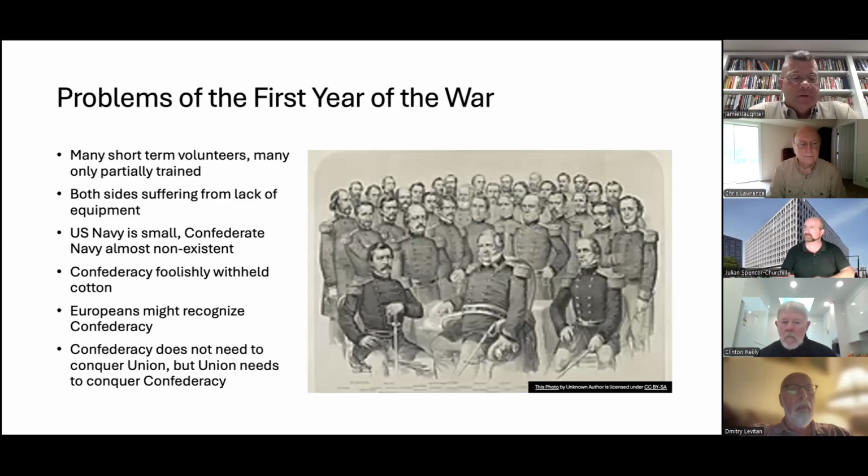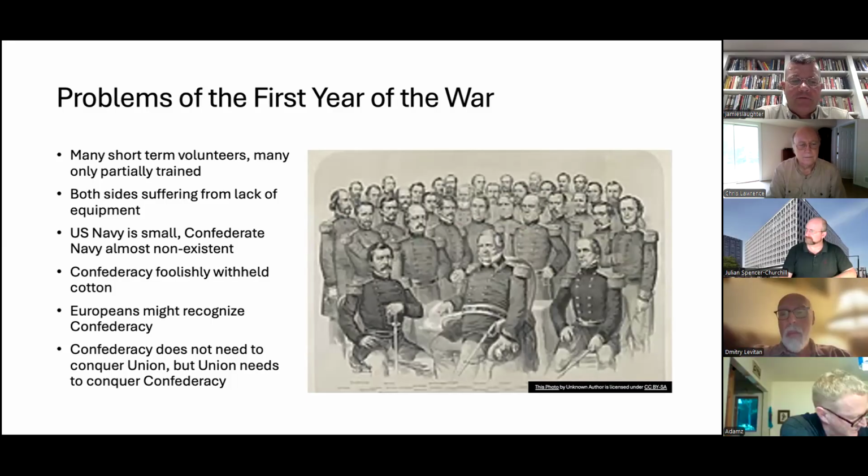One of the big issues, and this is not often looked at, most of the material you see regarding the American Civil War, even from the strategic point of view, very often ignores the naval situation. And although the U.S. Navy is very small in 1861, it has the capacity to expand very quickly. There is basically no Confederate Navy when the war starts.